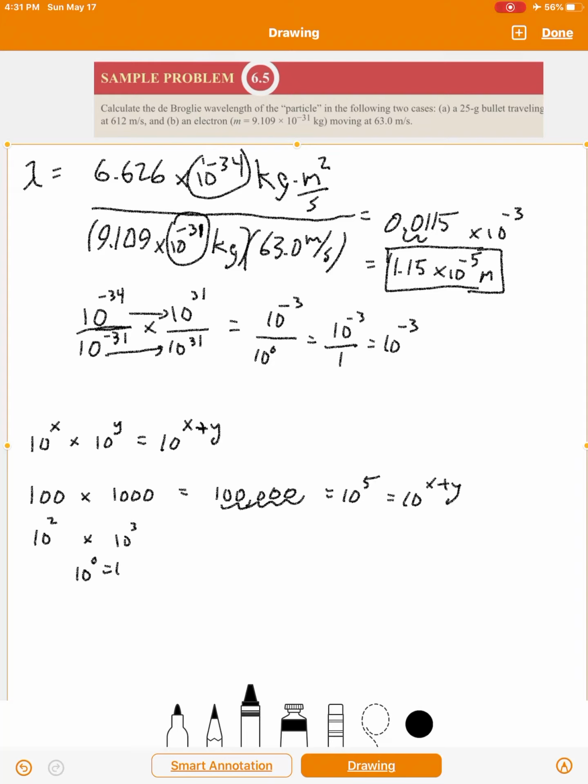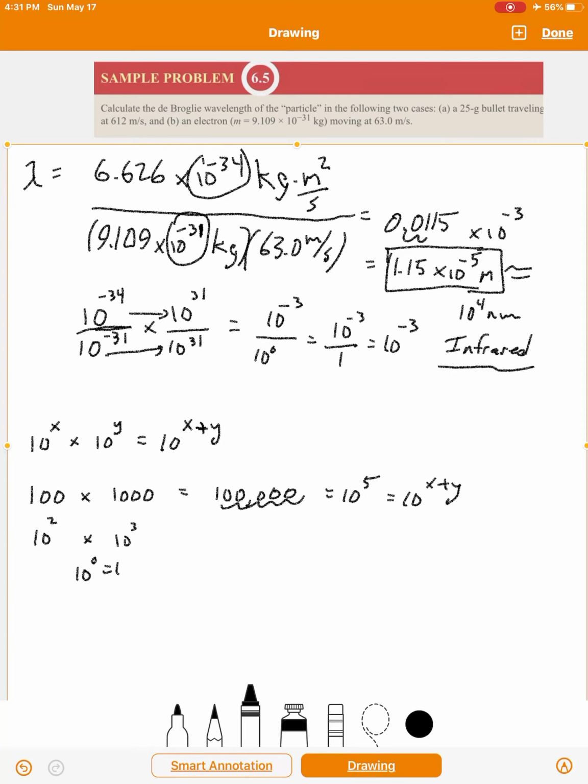So if you go back to your first section of this chapter, we talked about the electromagnetic spectrum. And so this is roughly 10 to the 4th nanometers. So it looks like it's in the infrared. So this is approximately 10 to the 4 nanometers, which is in the infrared.